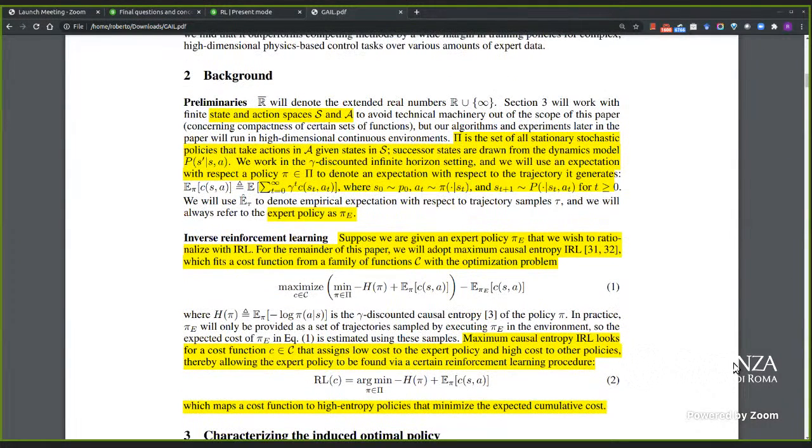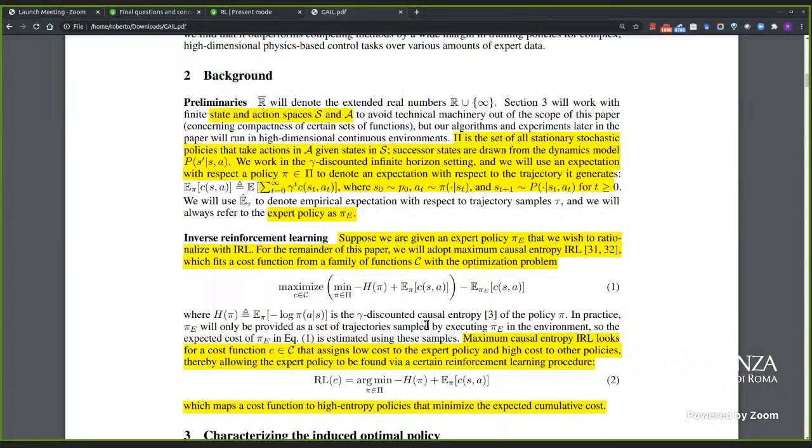So inverse reinforcement learning, they also give some background on inverse reinforcement learning, which is, suppose we're given an expert policy pi E that we wish to rationalize with inverse reinforcement learning. For the remainder of this paper, we will adopt maximum causal entropy inverse reinforcement learning, which fits a cost function from a family of functions C with this optimization problem, which we're now trying to understand.